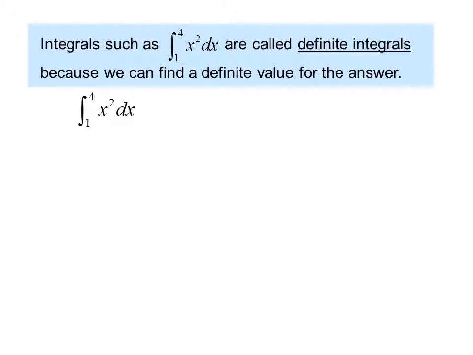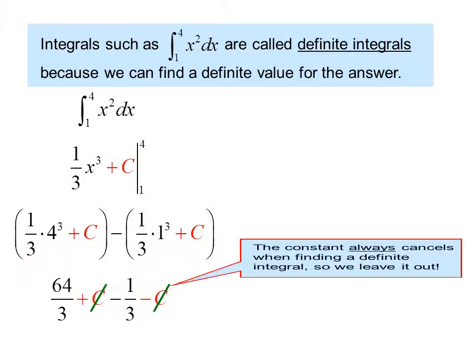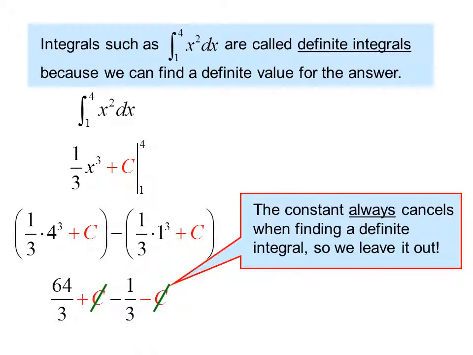The integral from 1 to 4 of x squared dx is 1/3 x cubed plus c, evaluated from 1 to 4, or 1/3 times 4 cubed plus c minus 1/3 times 1 cubed plus c, or 64/3 plus c minus 1/3 minus c, and the c's cancel out.